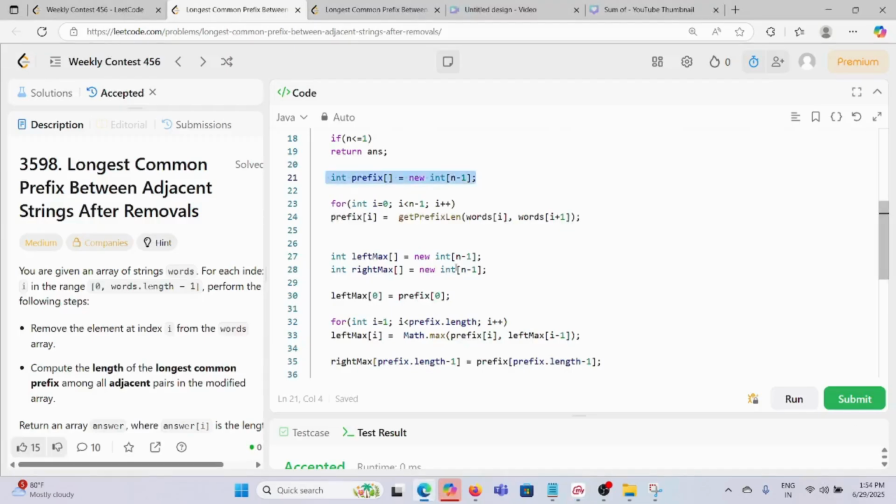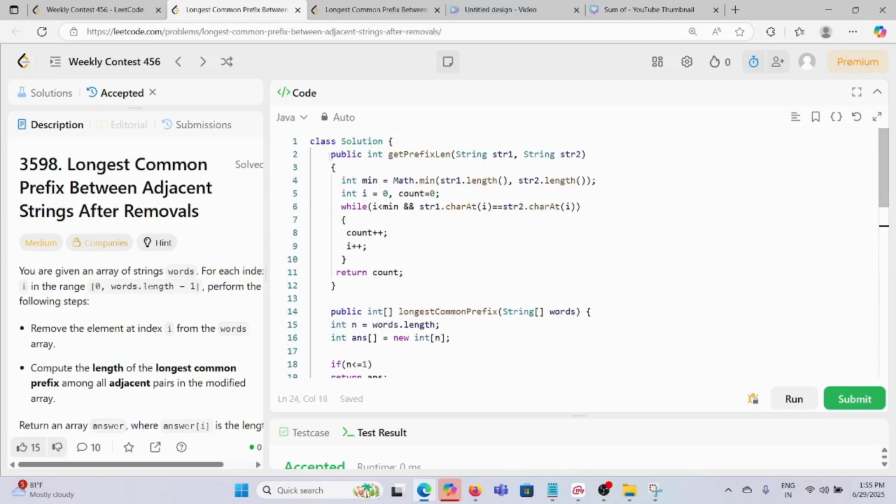So for I equal to 0 till I less than n minus 1. Why n minus 1 only? Because we have to find a pair. See here, we are doing I plus 1, so that is why we are stopping at I less than n minus 1. What we are doing is calling this method on these two adjacent values.